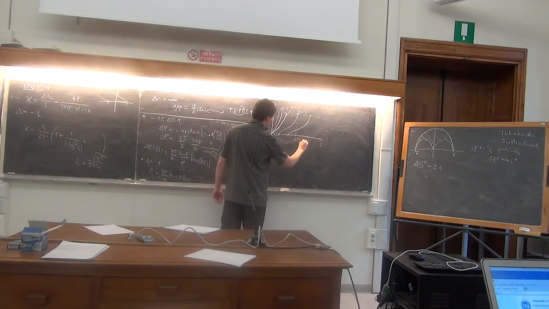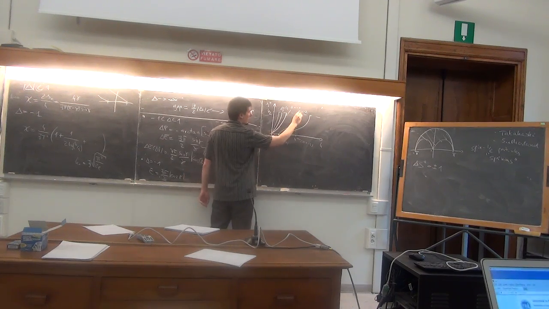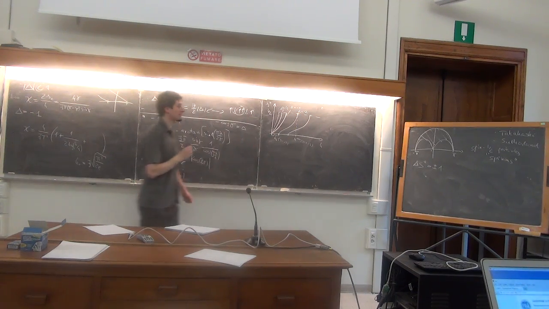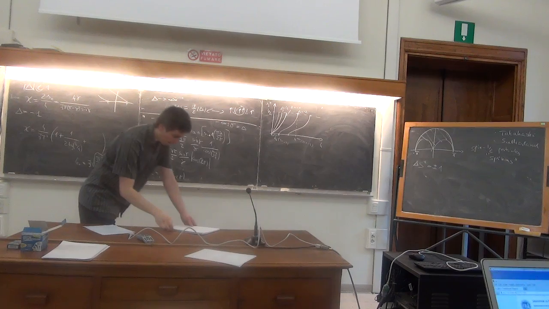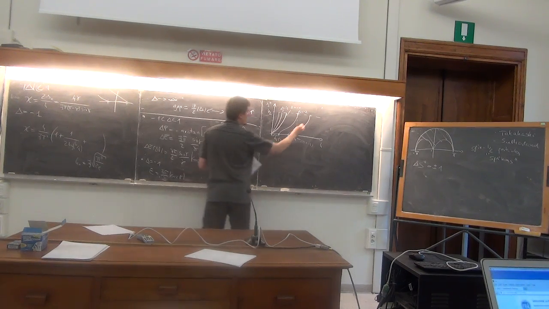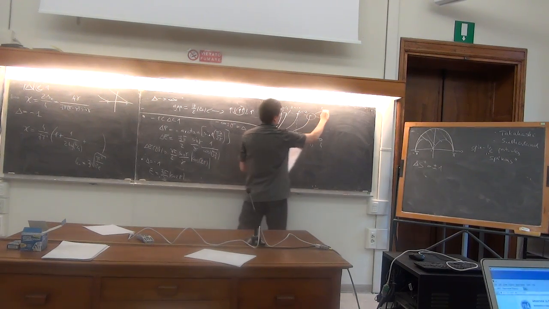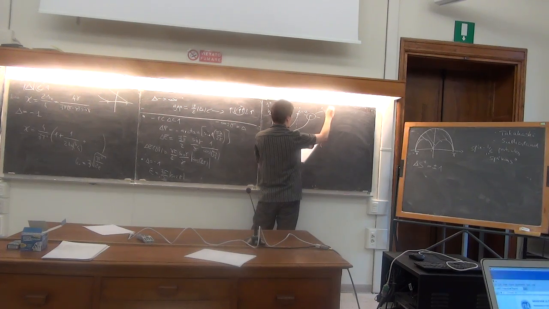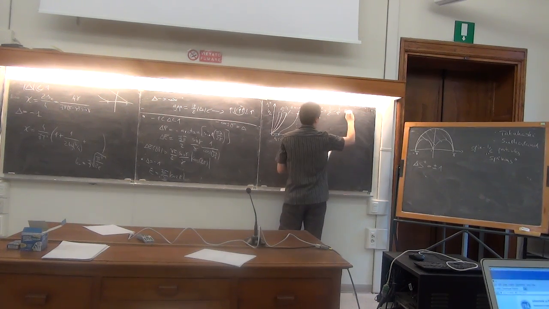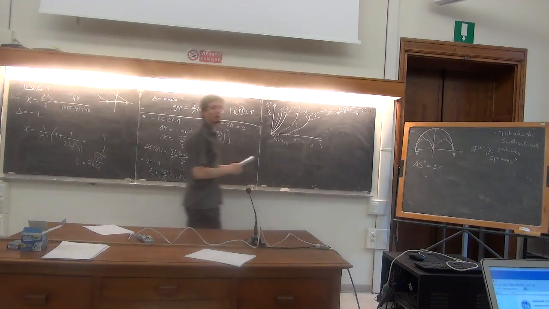I did this for delta equals -2, because then we reach the maximum magnetization. And the behavior here we can also derive, and it has this square root nature.